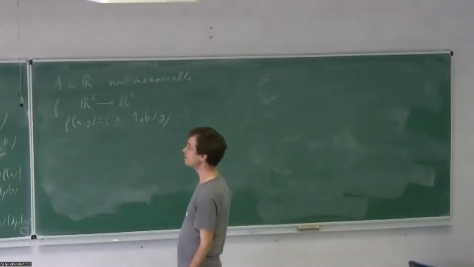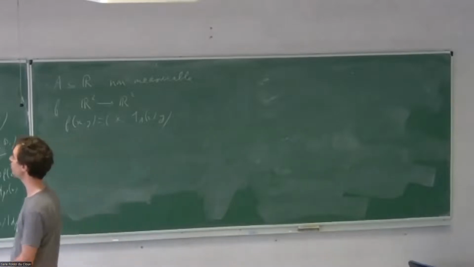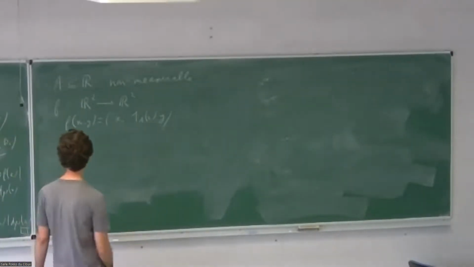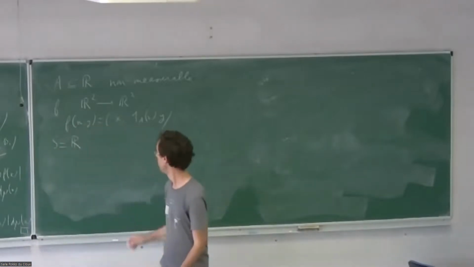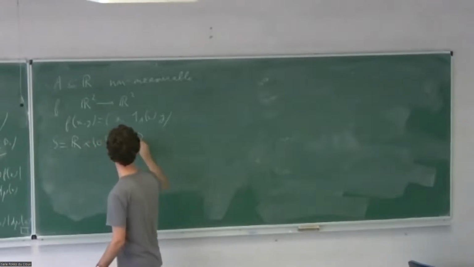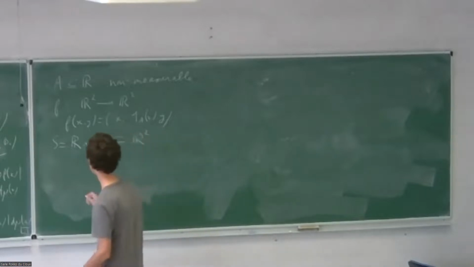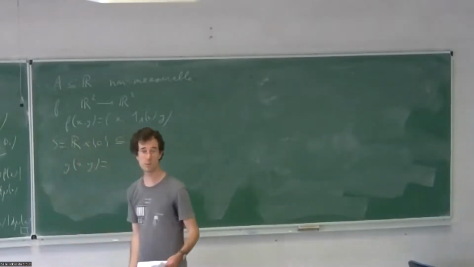And then let's still try to apply this theorem because we're crazy, and I never assumed here that f was measurable. Let's take S to be the real line, the horizontal real line. And then there is this map G that takes (x, y) to a matrix.